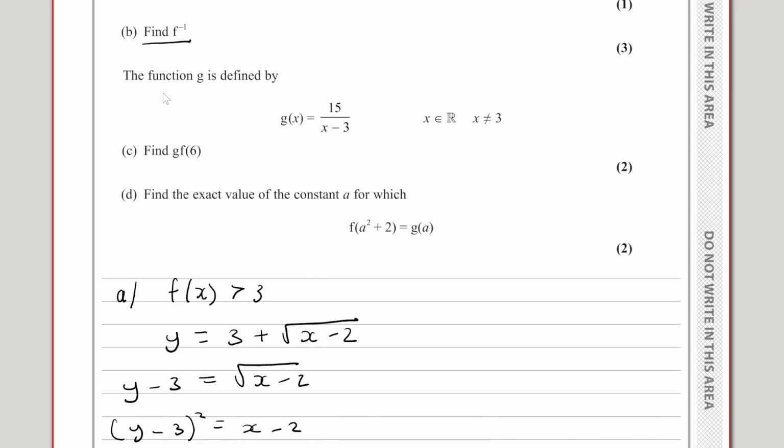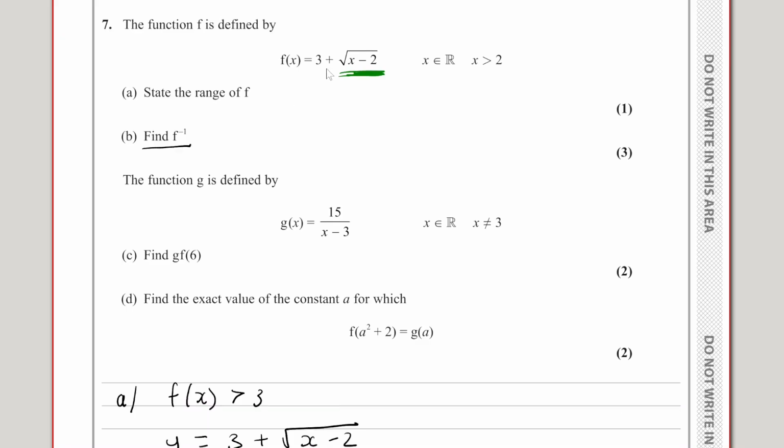We have a function g. g of x is 15 over x minus 3, where x cannot equal 3. We want to find gf of 6, so we're going to put 6 into f, and we're going to put that into g.